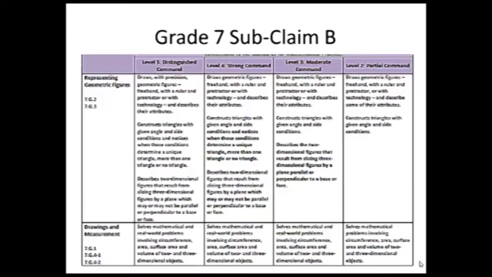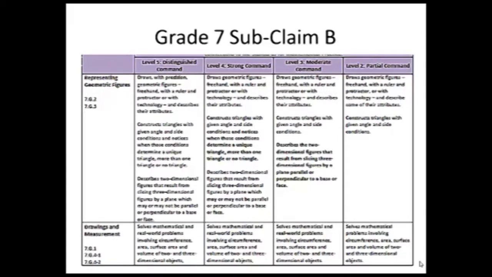When do I make more than one triangle? When do I make no triangle? And can I construct triangles with those conditions? If I leave 7th grade and I do not have a strong command of that, I'm going to really struggle through high school geometry. High school geometry has changed significantly. And if you're a 7th grade teacher and want to know more about that, certainly I will be addressing that in my next session when we go through the geometry performance level descriptors.